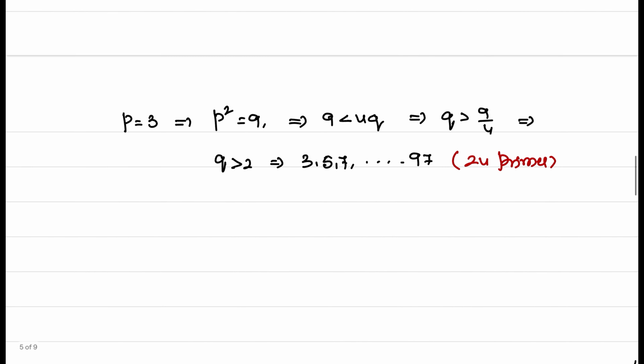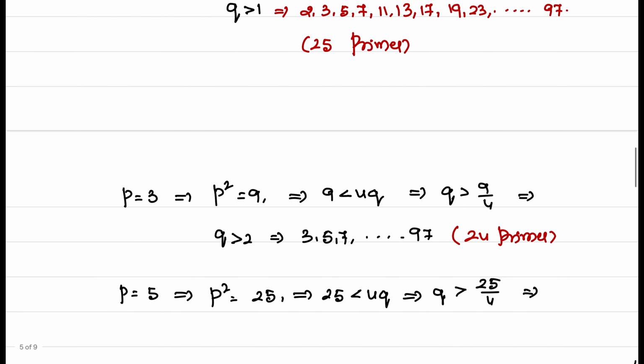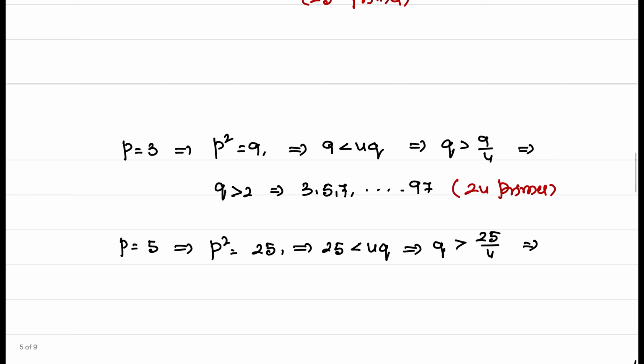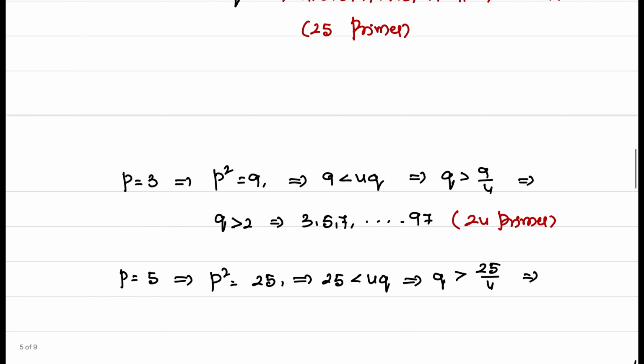Now, P is equal to 5. That implies P square is equal to 25. That implies 25 is less than 4q. That implies q is greater than 25 by 4. That means q is greater than 6 in integers. Any integer greater than 6 and a prime, you will be taking out 2, 3, 5. From 7 onwards.